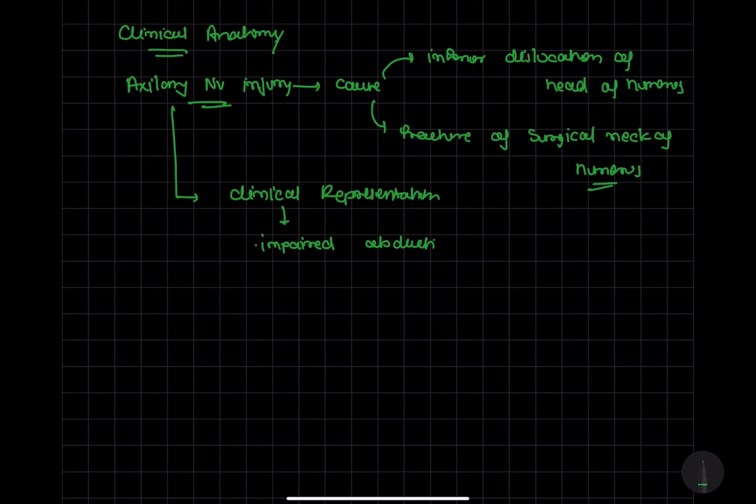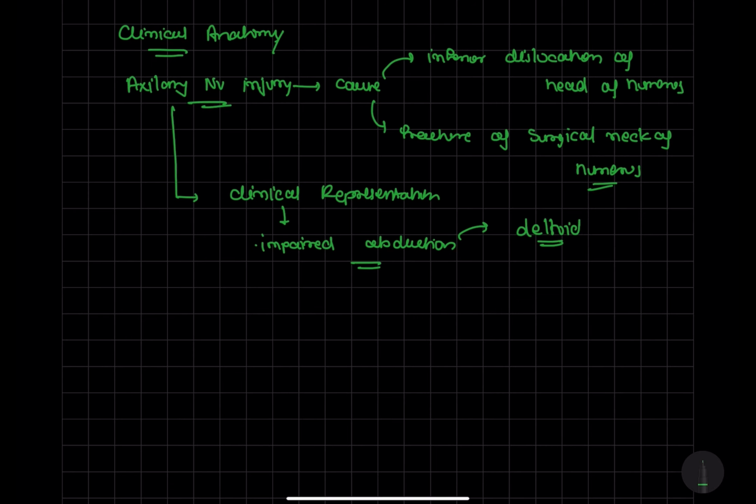Impaired abduction. Now why impaired abduction? What is the reason behind it? This abduction movement is done by your deltoid. Now if the axillary nerve is damaged, there is something called denervation atrophy in pathology, which you are going to learn next year. It says that when a muscle is denervated, it usually atrophies.